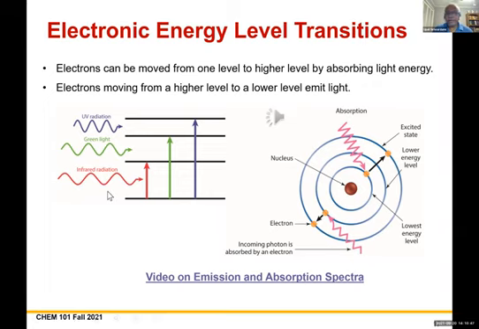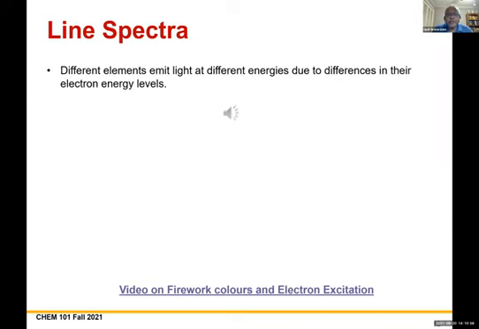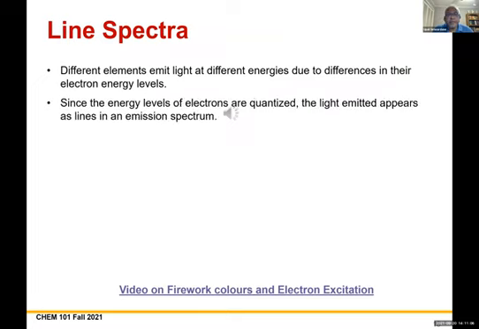the lambda, the lower the energy. So electrons also show that kind of behavior, emission and absorption, as we move an electron from one shell to the other. Different elements emit light at different energies due to differences in their electron energy levels.